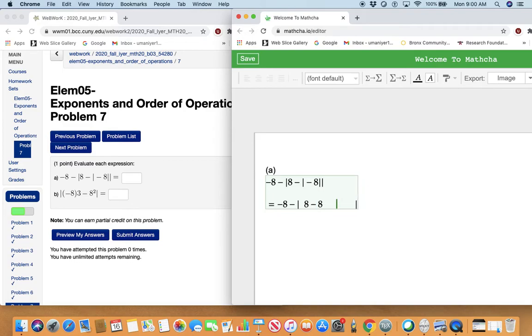So all of this is absolute value 8 minus 8. You know that, right? So that is negative 8 minus absolute value of 0. So that fetches me nothing. Negative 8 minus 0, which is negative 8.